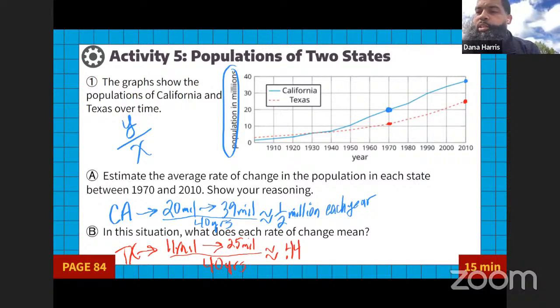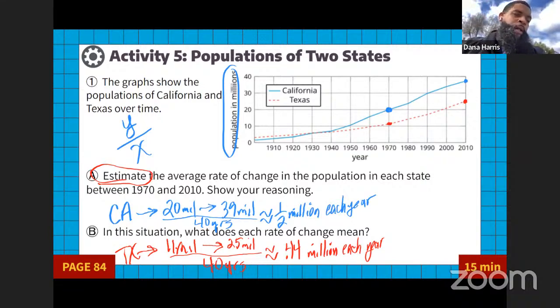But we're just going to say roughly 0.44 million each year. Okay. And for the sake of time, I'm not doing the exact numbers because it says estimate. And this is an increase because this is a positive number.